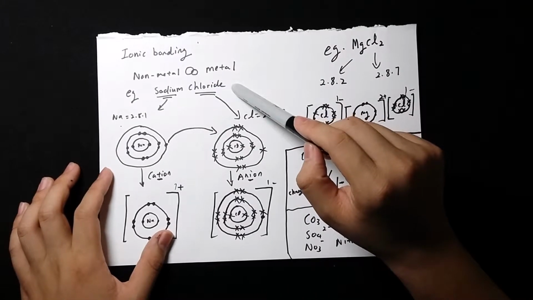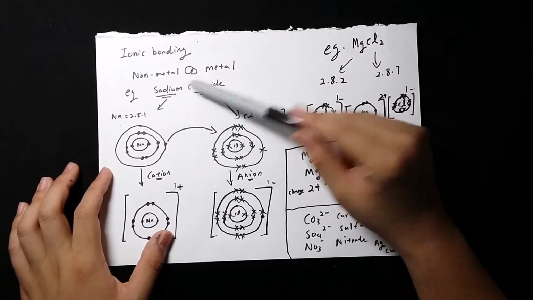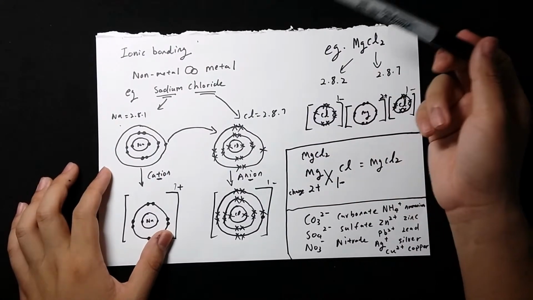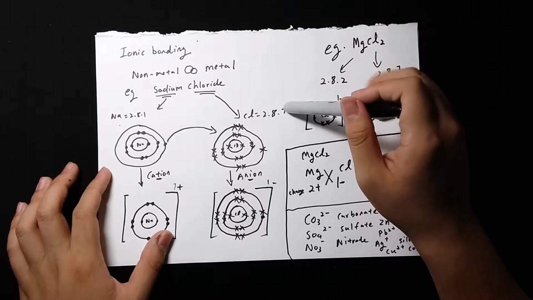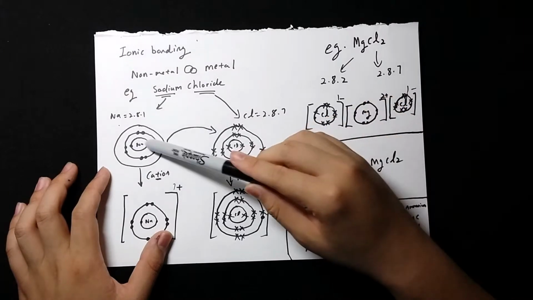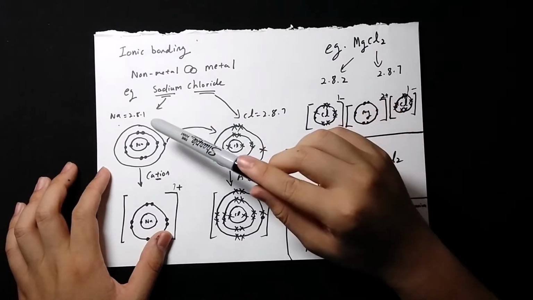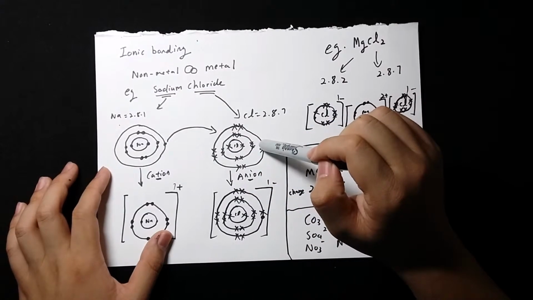Sodium chloride. Sodium has an electronic configuration of 2.8.1, while chlorine, if you see in the periodic table, has an electronic configuration of 2.8.7. So this is how you draw out their atomic structure. From here you observe that in order for sodium to be stable, you have to give away one. For chlorine to be stable, you have to take in one.